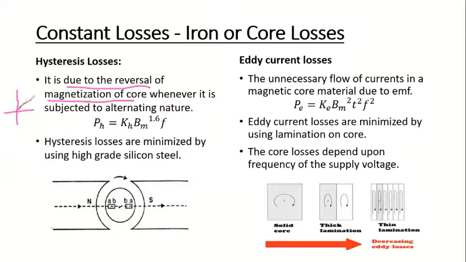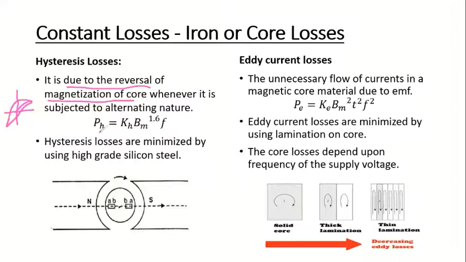It has gone to the saturation position, and if you go back to the zero position, it makes a hysteresis loop like this. But the sudden reversal of magnetization of the core will never happen in hysteresis losses.